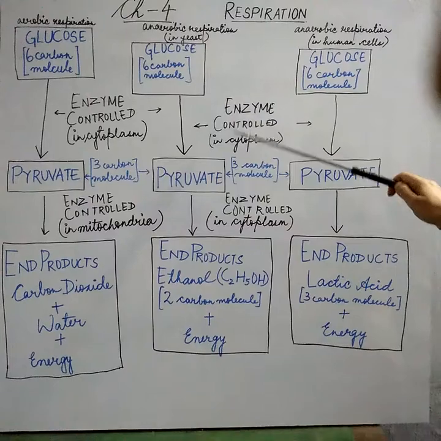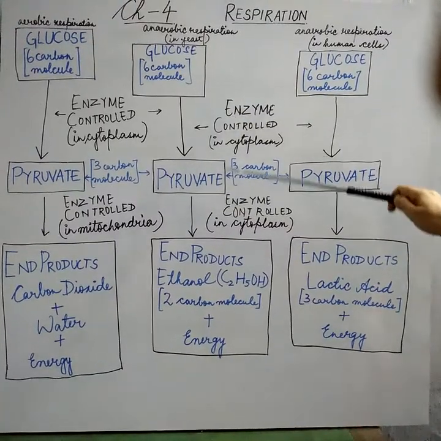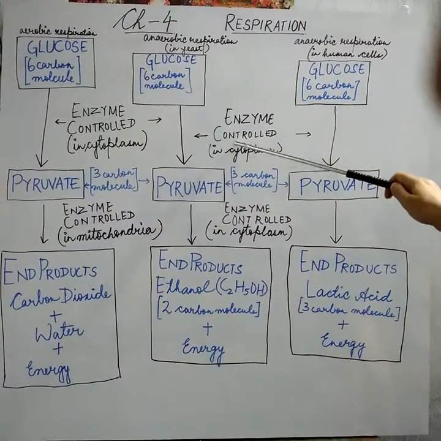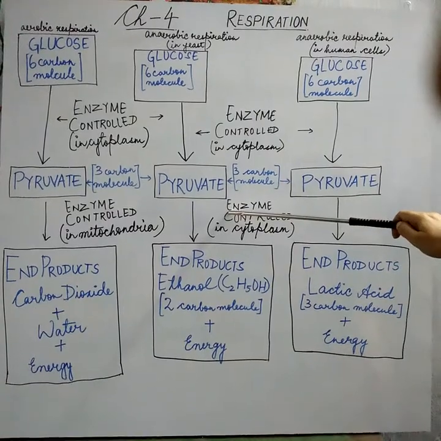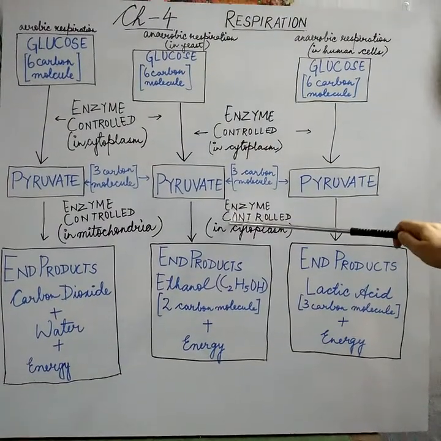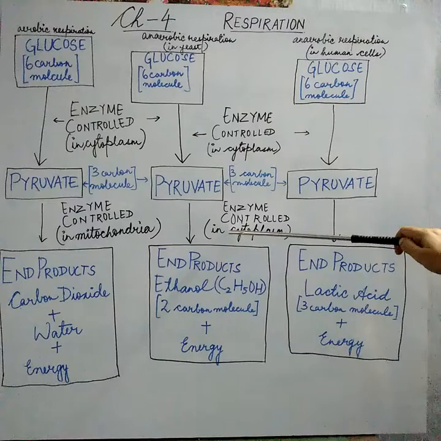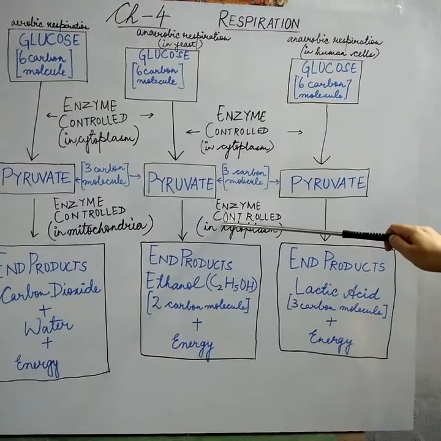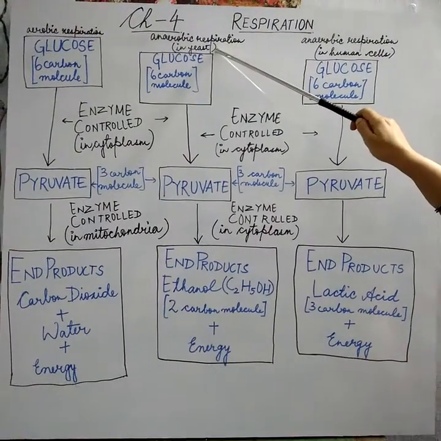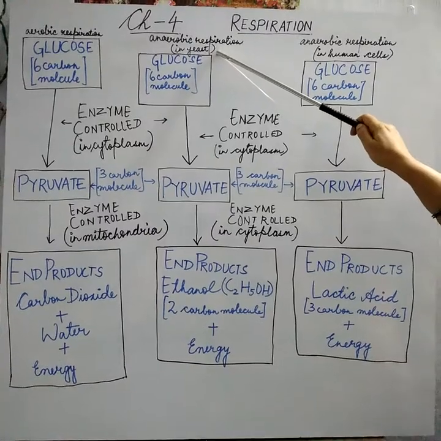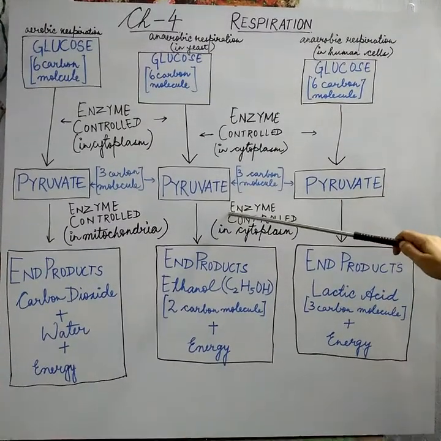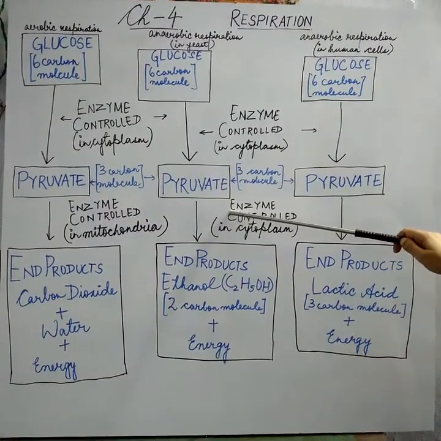And both these steps are enzyme controlled steps, and both these steps take place in the cytoplasm of the cell, not in mitochondria. Why? Because yeast is a very small microorganism, where mitochondria is not present in the cell of the yeast.